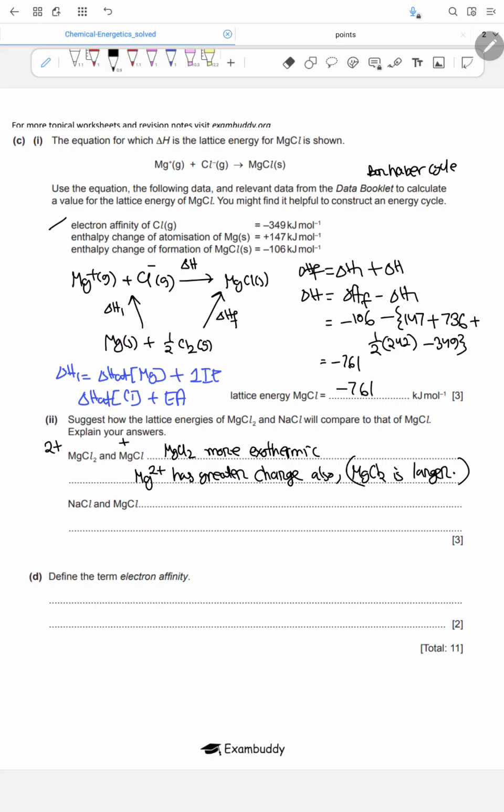Across the period, your ionic radius increases. Since the ionic radius of sodium is smaller, it has a greater charge density.